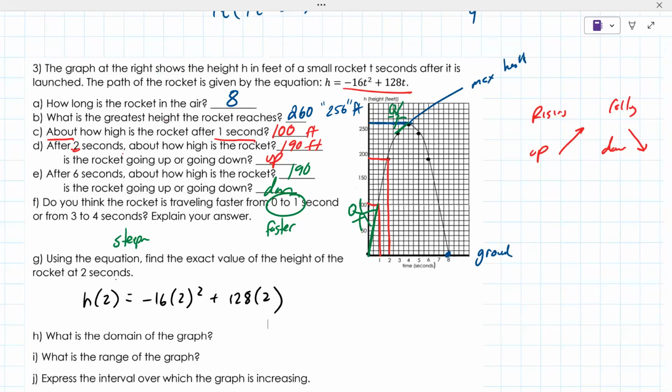If you want to do that, let me know what you come up with. I got 192.